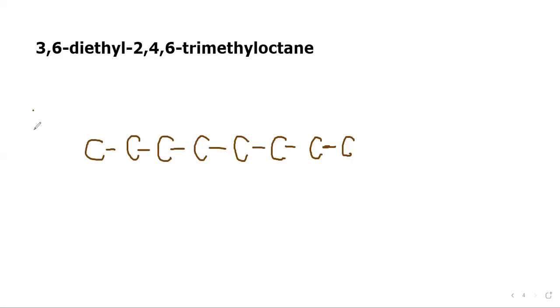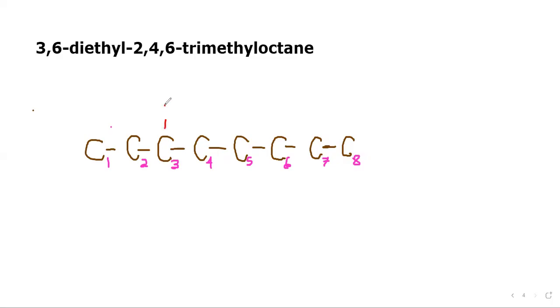And then let's now number it so that we don't make mistakes. So it's 1, 2, 3, 4, 5, 6, 7, 8, right? And then on carbon number 3 and 6, we're having an ethyl group. So let's start by drawing an ethyl group.